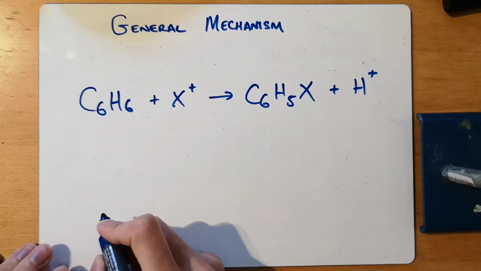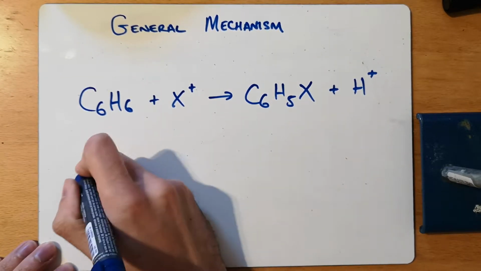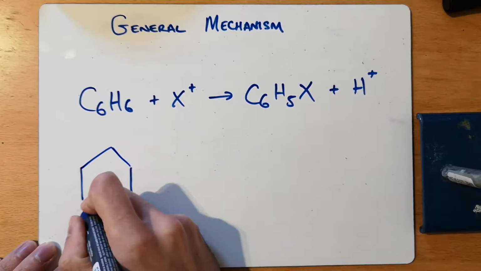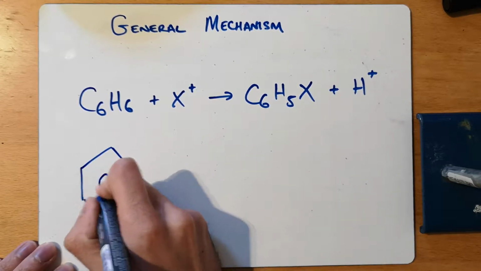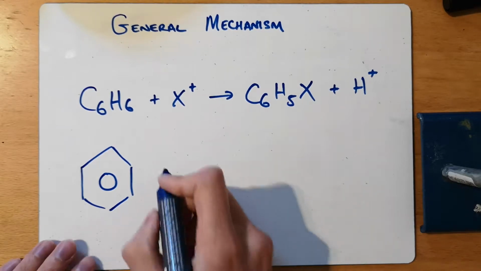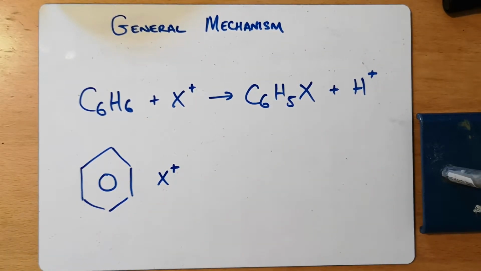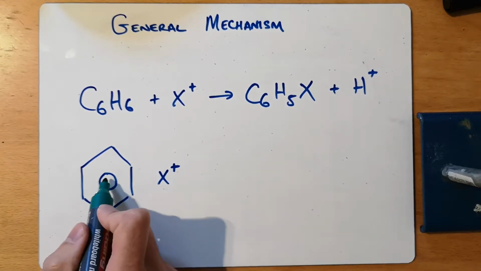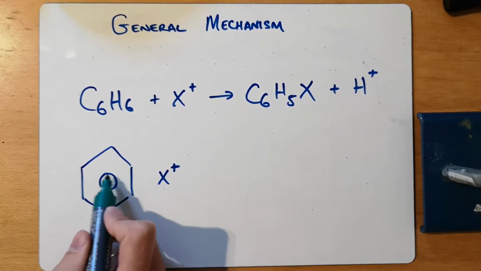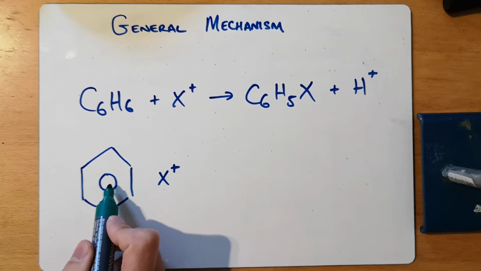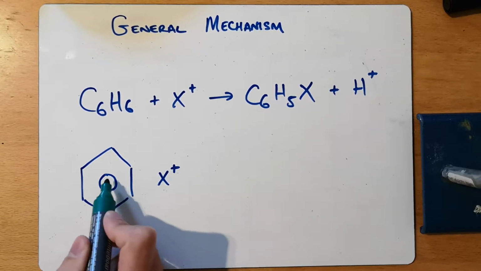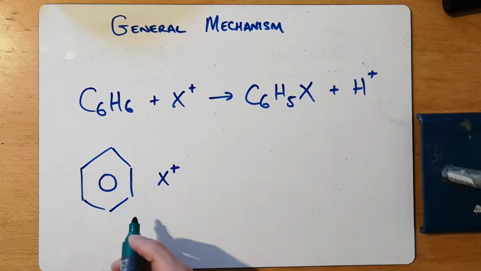So the mechanism comes in a few steps. We have our benzene first of all, and then we have our electrophile. In the last video, we saw that this benzene is a delocalized structure. There are 6 electrons delocalized in here.